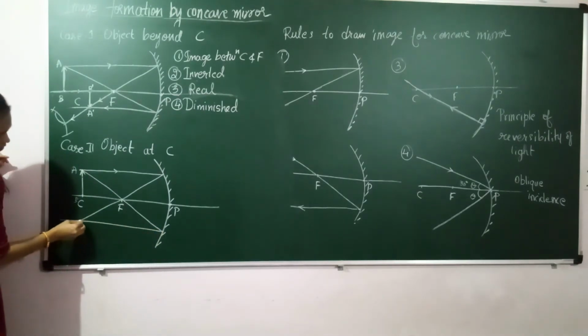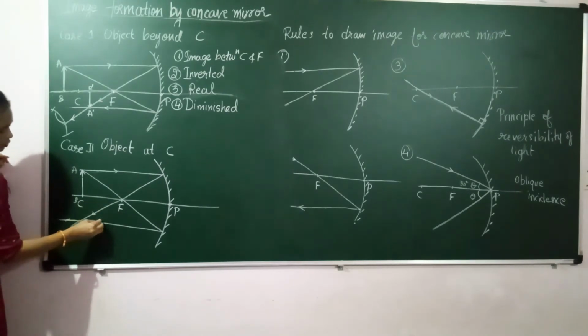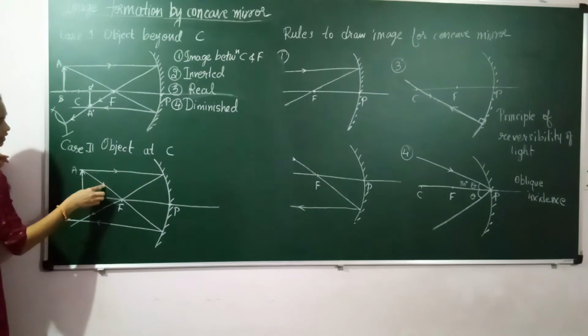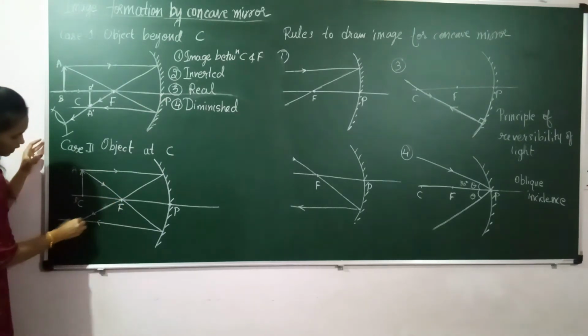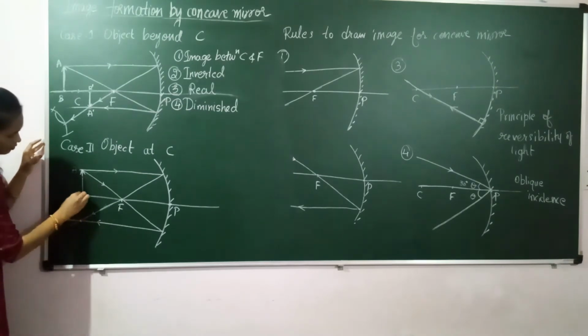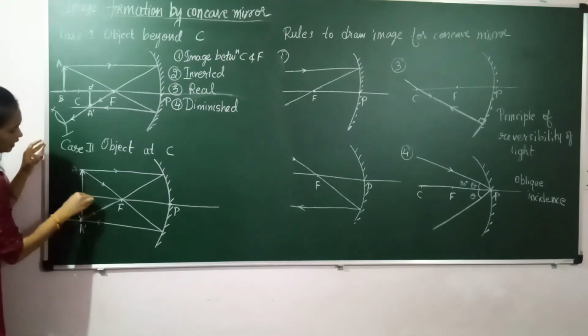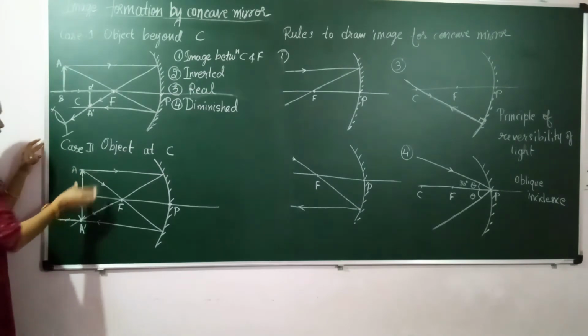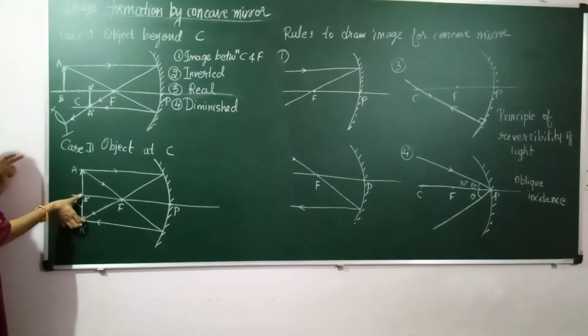So these are the reflected rays and these two are the incident rays from the object. Now see where these two rays are meeting. These two rays are meeting at this point, and we will join these two points, and here we represent it as A dash and this point is B dash. AB is the object and A dash B dash is the image. So here we are getting the image.